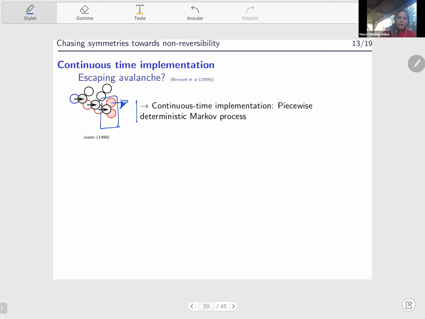And so that's why the continuous time implementation was proposed, and therefore people ended up with PDMP.